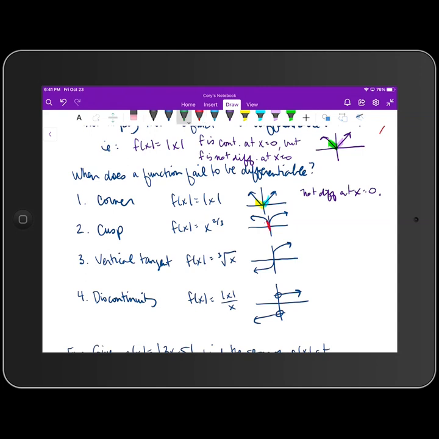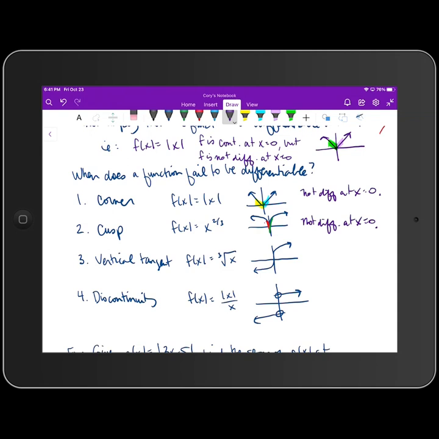As we approach 0 from the right-hand side, that slope goes to positive infinity. Those two slopes are not the same, so this is also not differentiable at x equals 0, again because the slopes on both sides at 0 are different.